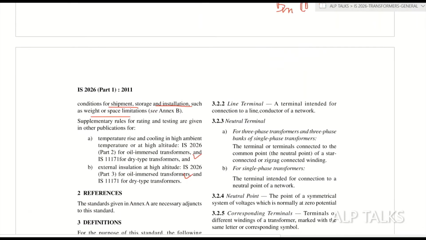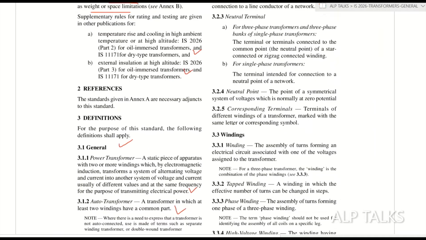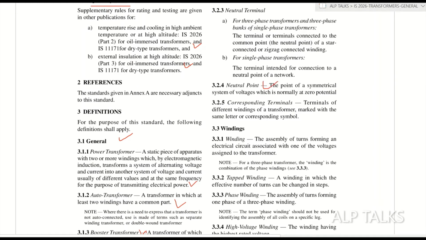These are terminals. Generally the terminals are EVW, RYP, and the neutral point, and windings. Windings, I think you are aware of. Say for example this is the transformer core. I'm just drawing single phase. Say this is the LV winding, and this is the HV winding. This is what our textbooks discuss, but practically we are not doing it like that.